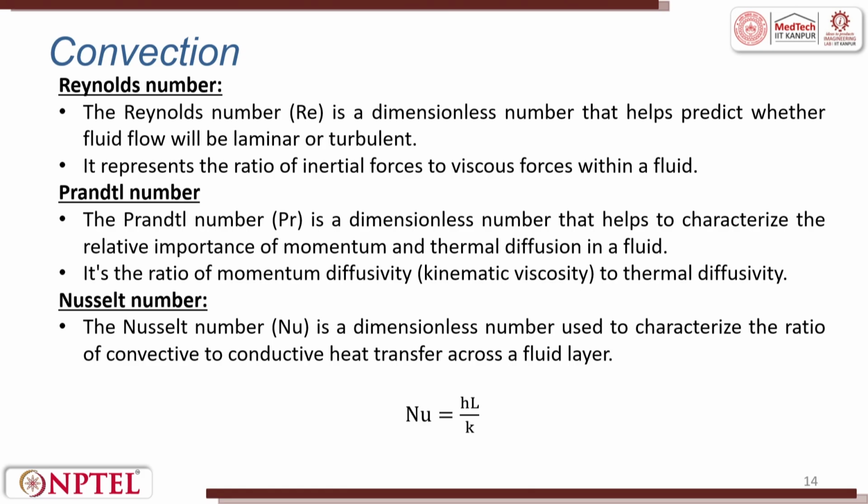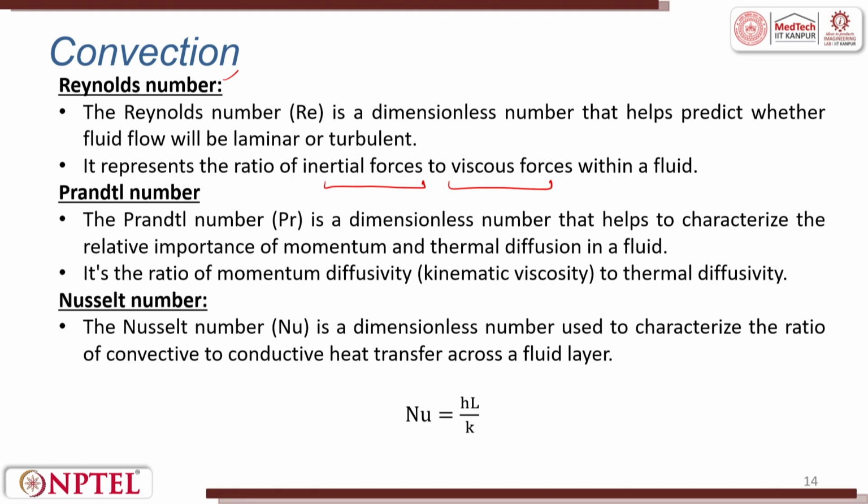Now certain important numbers are there, like Reynolds number. Reynolds number Re is a dimensionless number that helps predict whether fluid flow will be laminar or turbulent. It represents the ratio of inertial forces to viscous forces within a fluid. If the Reynolds number is higher than a specific threshold limit, the flow is turbulent.